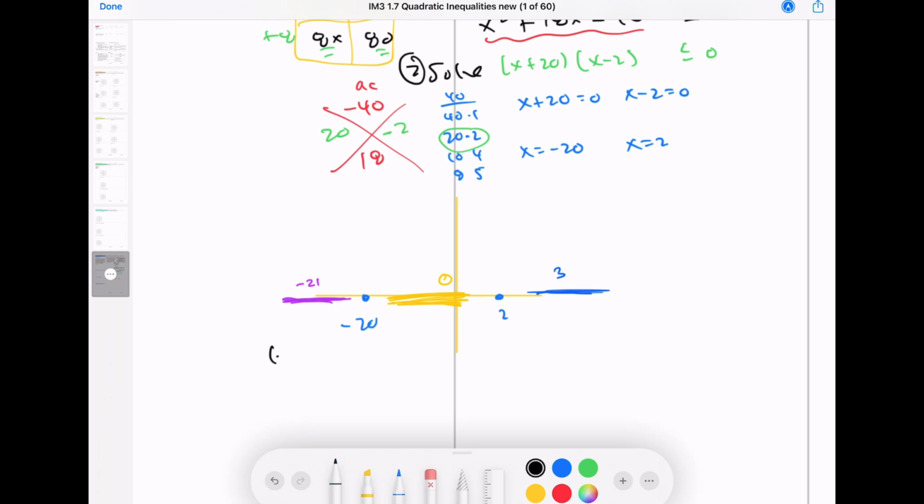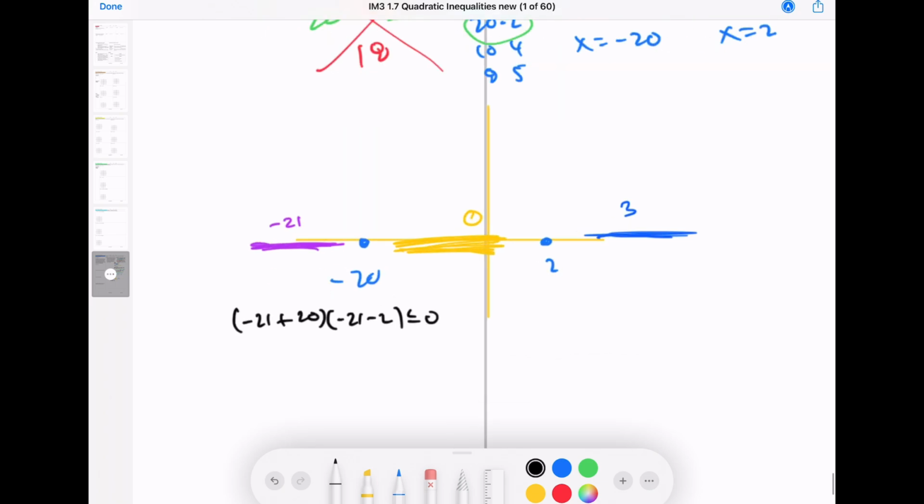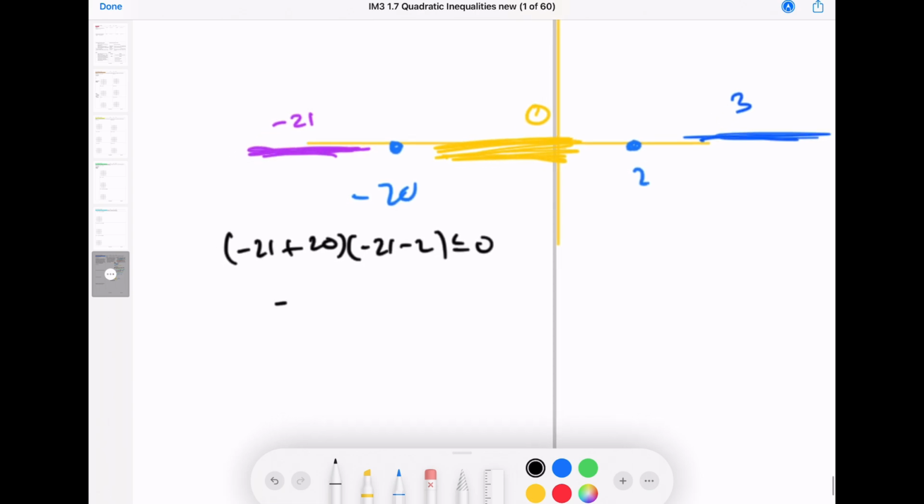so if you put in negative 21 into that original problem, negative, negative, you get positive, so that is false. So not this area. Okay, let's do the middle area. 0.